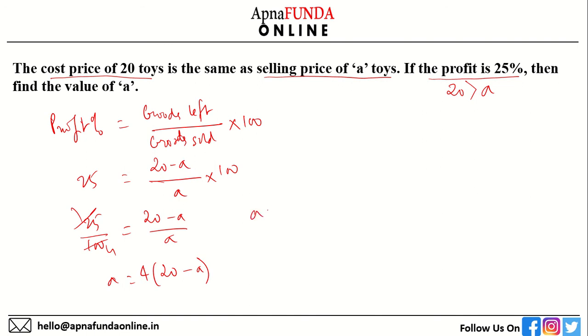So A is equal to 80 minus 4A. 5A is equal to 80. A is equal to 80 divided by 5, which is equal to 16. My answer is 16. This is the value of A. I am sure you have also got this answer.